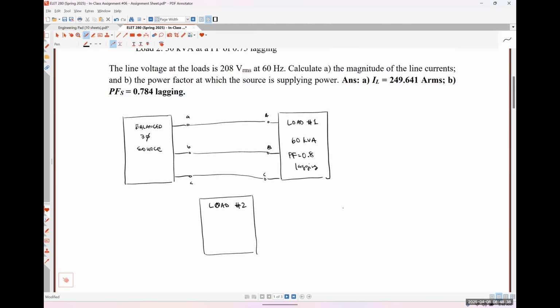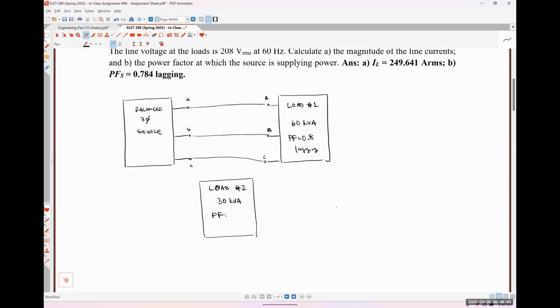Here this one is drawing 30 kVA at a power factor of 0.75 lagging. There's the A connection, here's the B connection, and here is the C connection, like so.